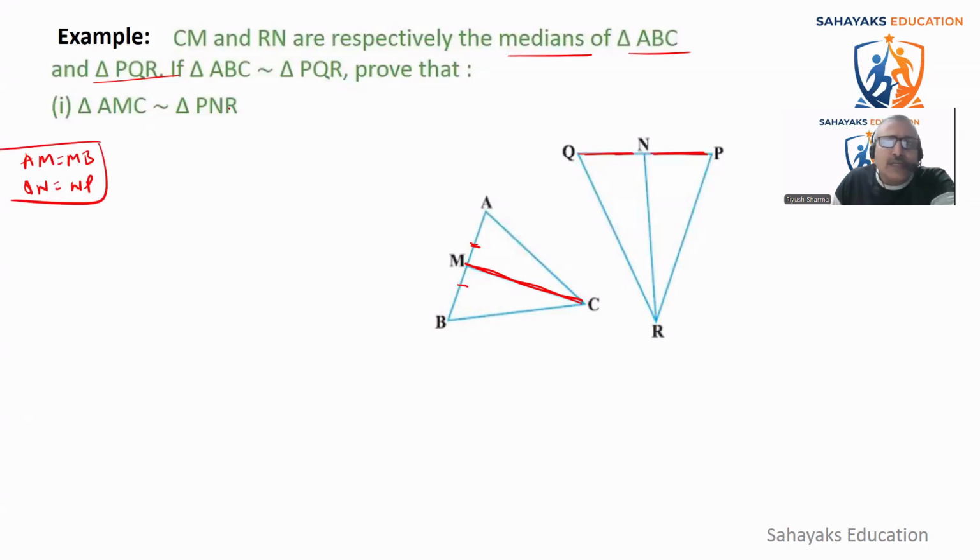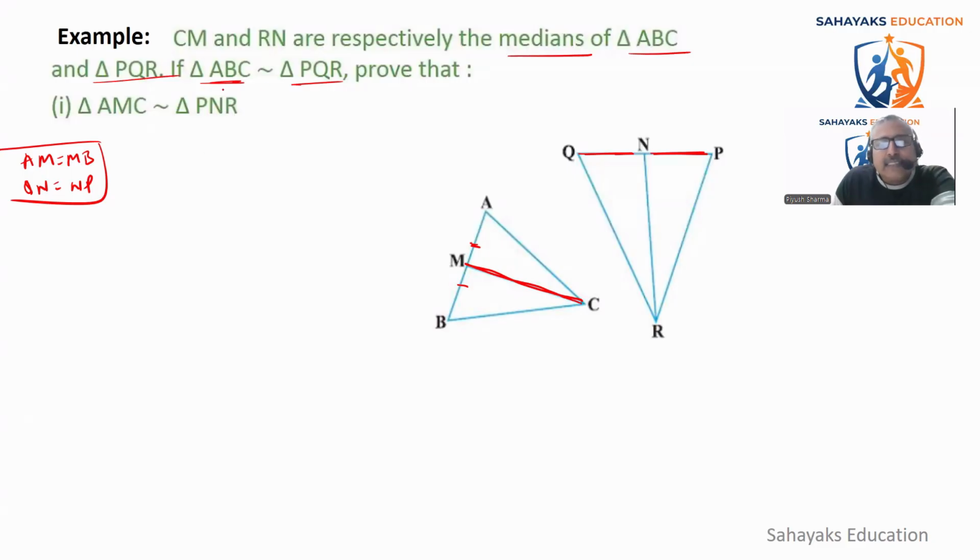And it's also given that ABC is similar to PQR. So if ABC is similar to PQR, that means the sides are in proportion and the angles are equal.